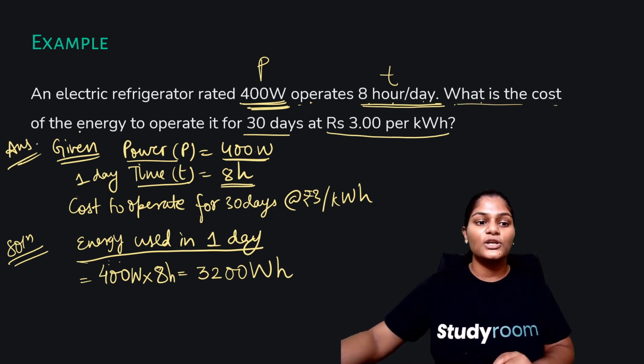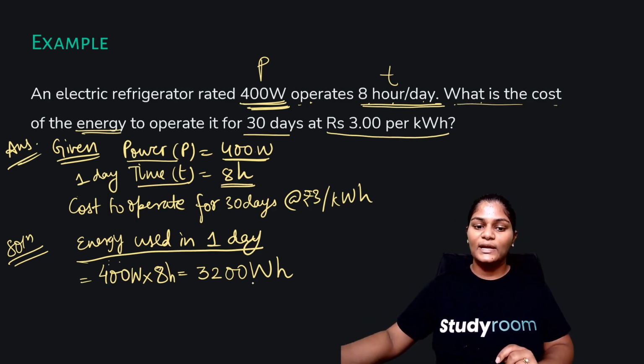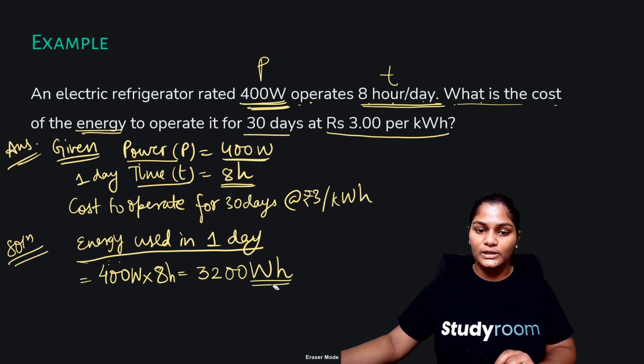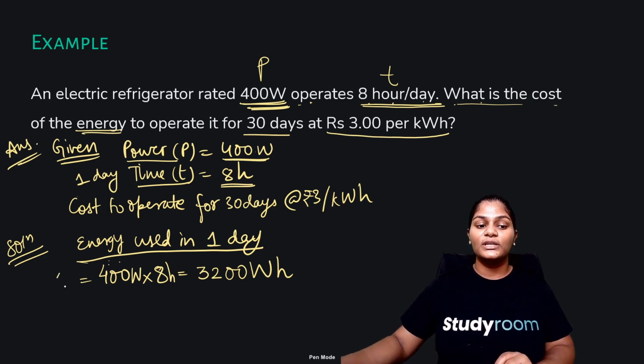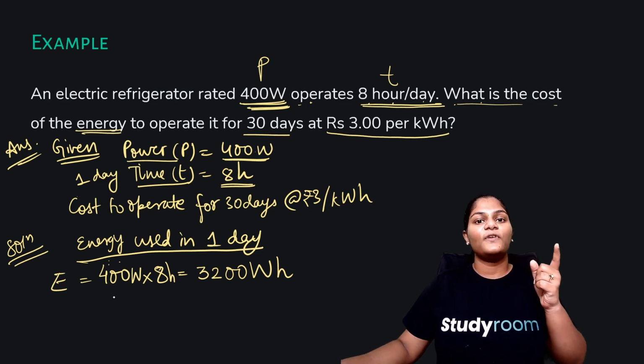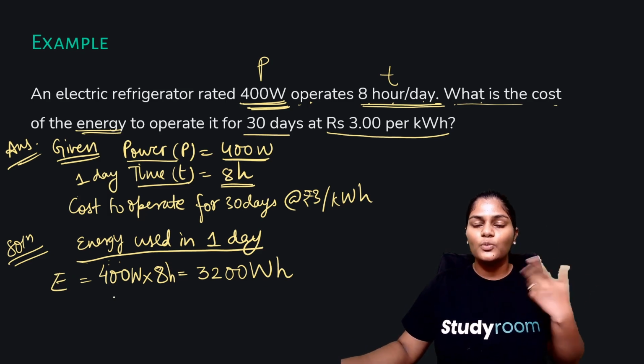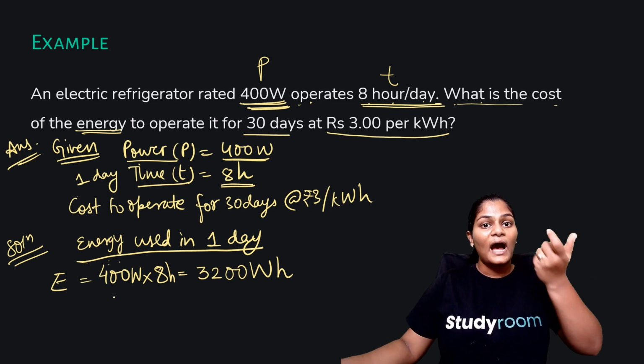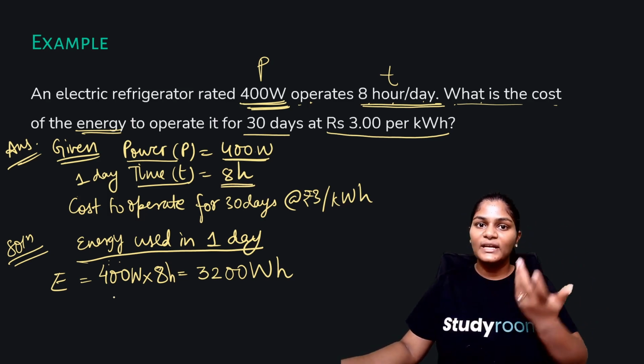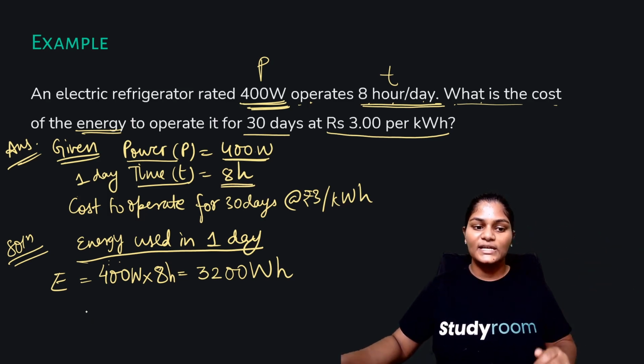So it has asked me what is the cost of the energy to operate it, and I already have the energy here, but this is the energy used in 1 day. Now I have to find the energy used in 30 days. So I have it for 1, I multiply it by 30 simply and I get the energy used in 30 days.